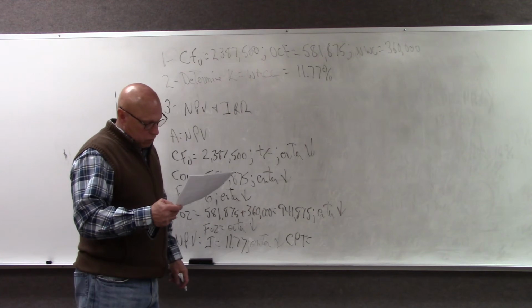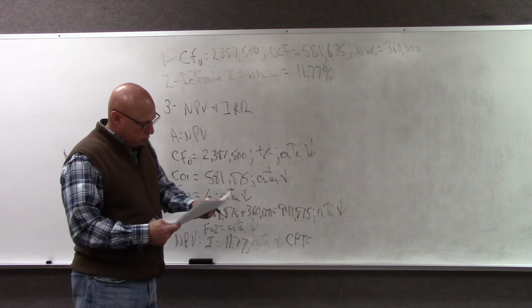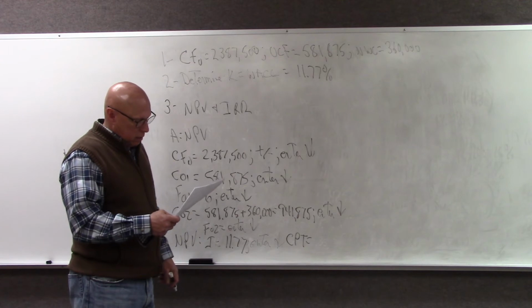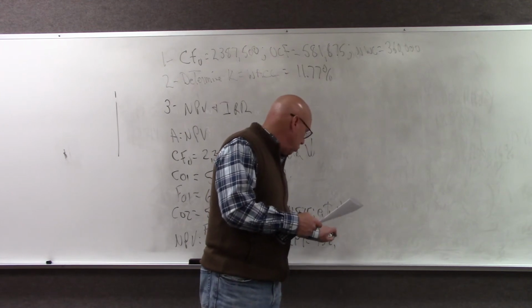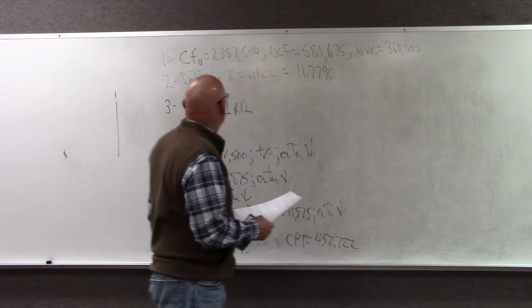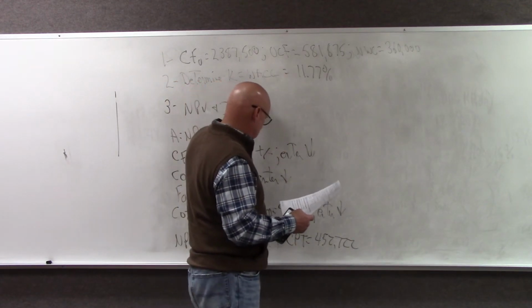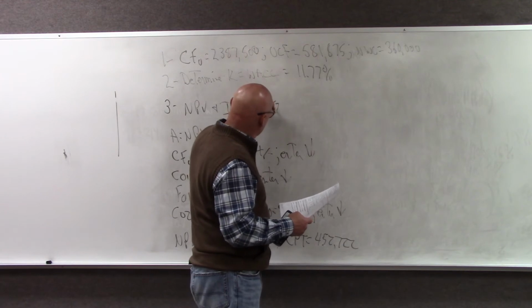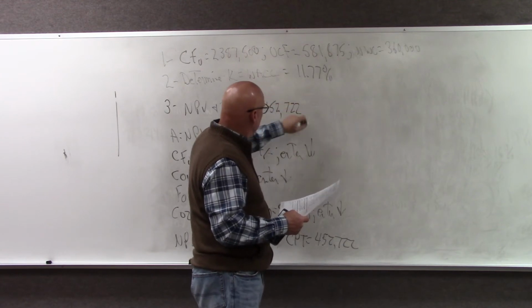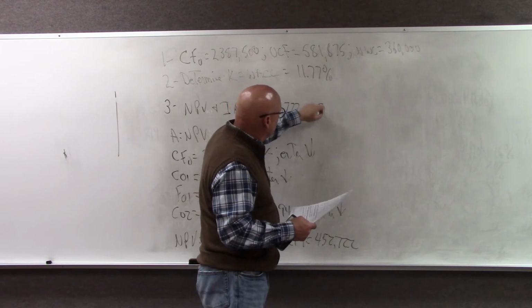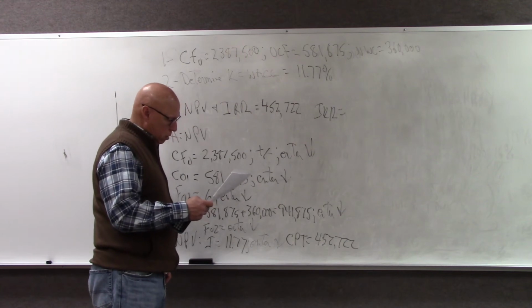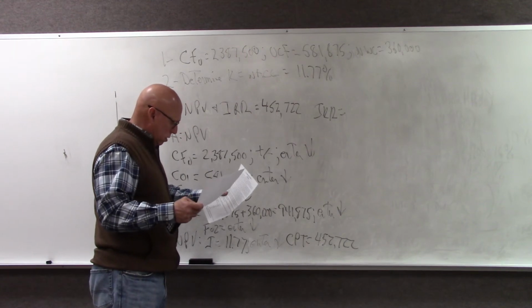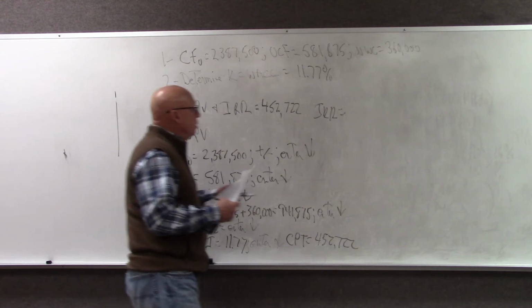And we get a net present value of $452,722. And then IRR compute, so we did that earlier, and we get 17.2%.